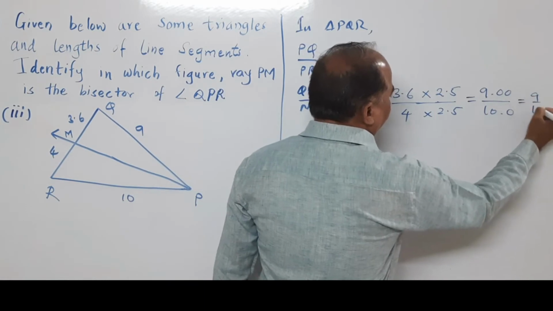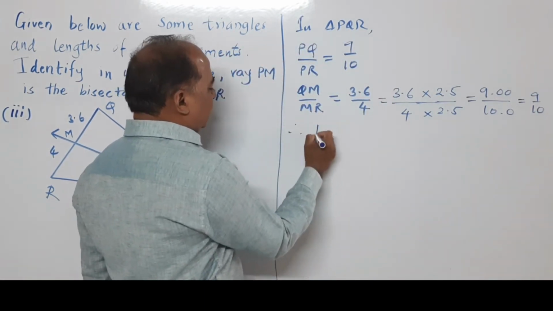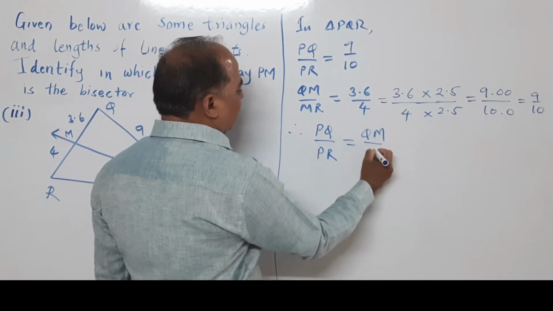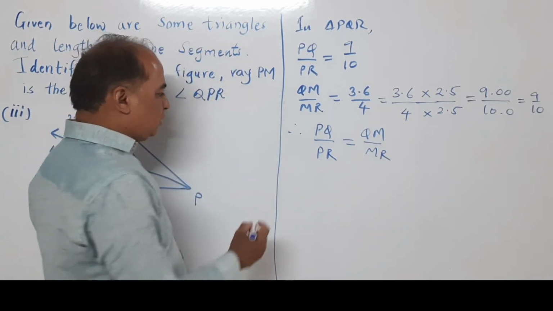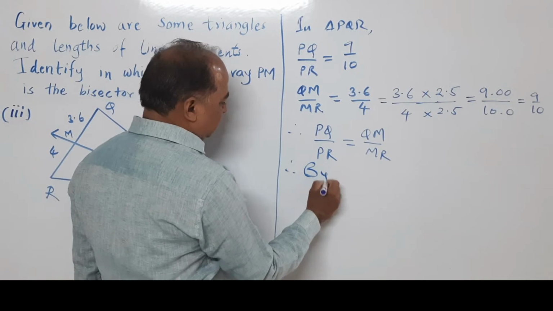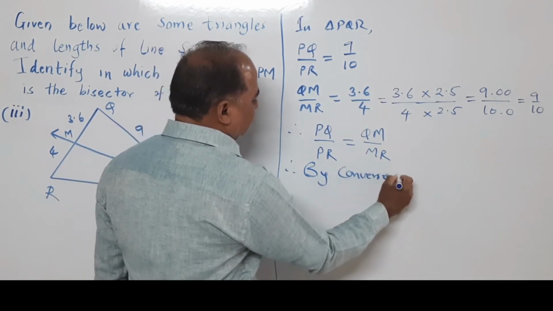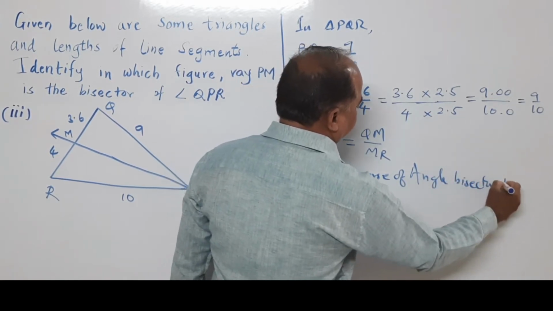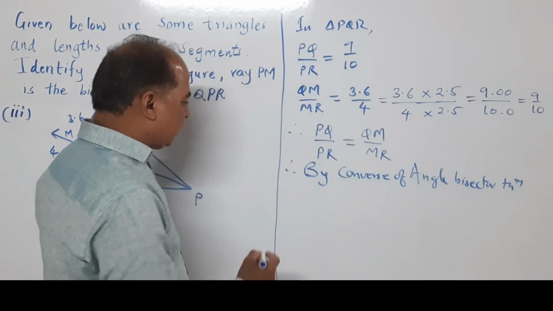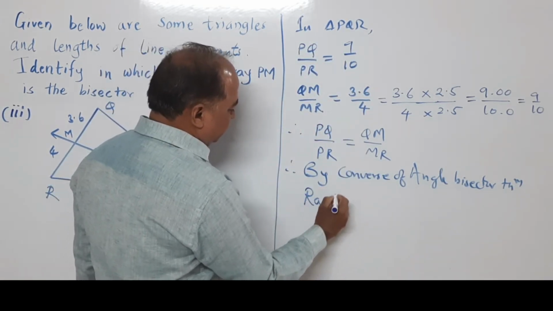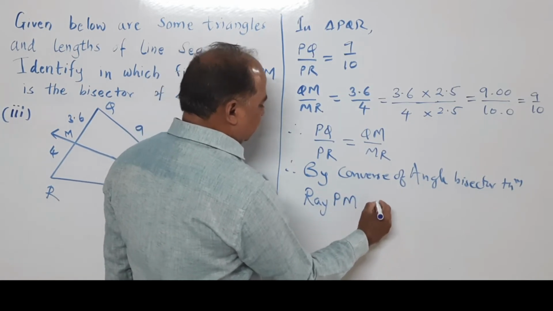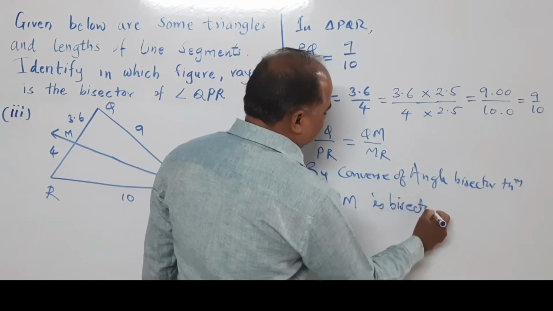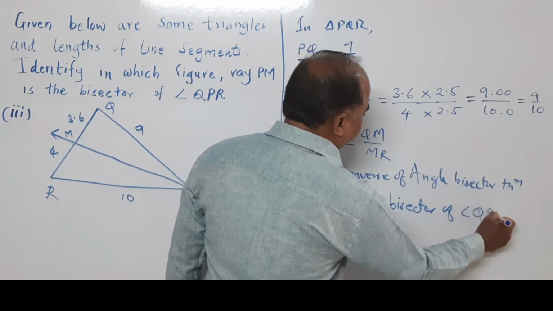So here PQ upon PR will be equal to QM upon MR. Since the ratio is equal, therefore by converse of angle bisector theorem, ray PM is bisector of angle QPR.